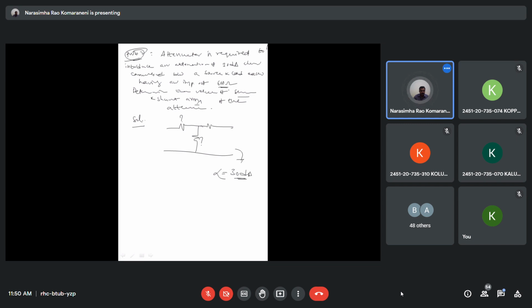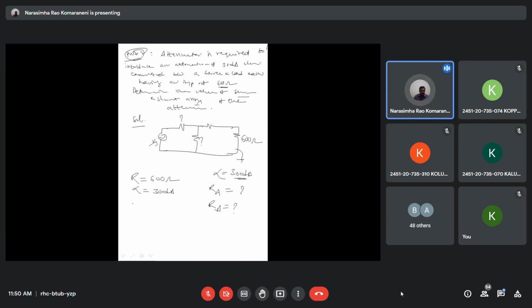This is the source, meaning input. Between the source and load the impedance is 600 ohms, so capital R, the characteristic impedance, is 600 ohms, and alpha is 30 decibels. So we find out this RA and RB again.